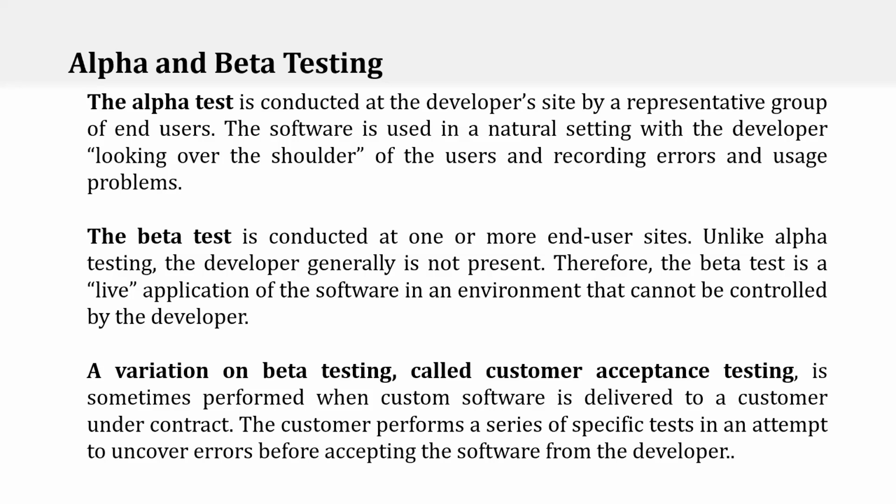Even after the delivery, even after the construction, coding, testing, it is the responsibility of the organization to go to the end user place, install it, and test whether it is working properly at the end user location or not.